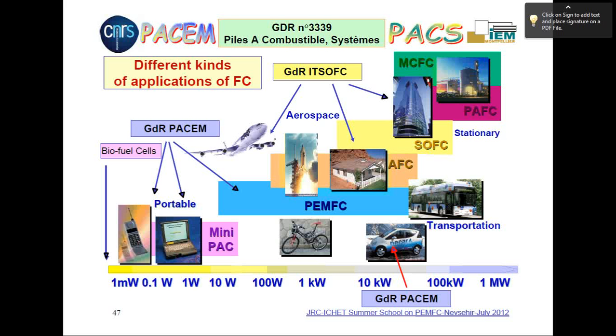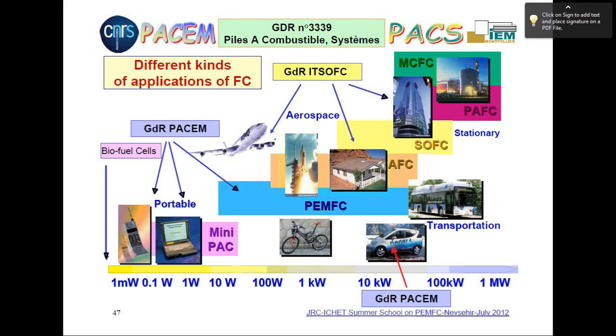It is an academic grouping, and the aim was to make different research teams collaborate on this field. It was very difficult because you must have electrochemists, mechanical engineers, thermal management, etc. And we finally succeeded in having about 50 teams working together, mostly from CNRS.